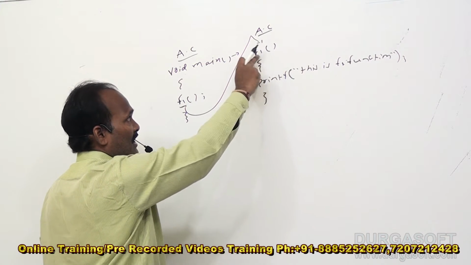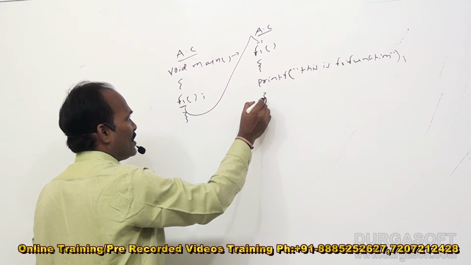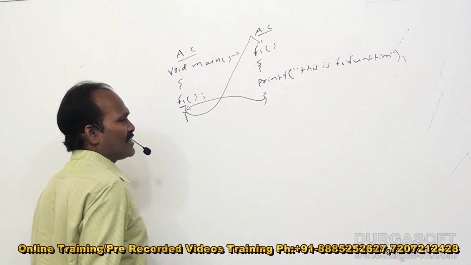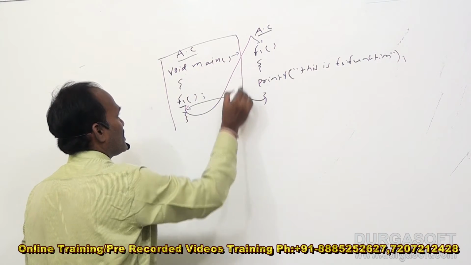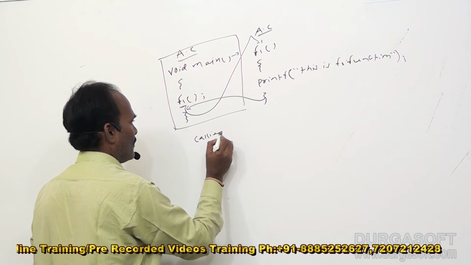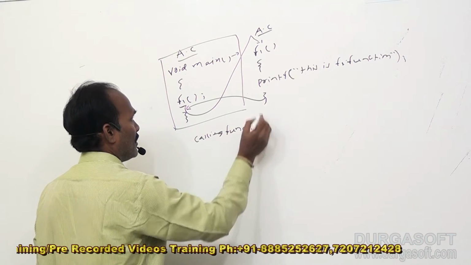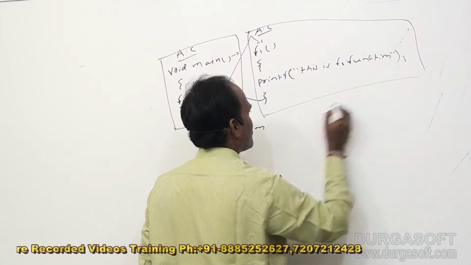After performing all the tasks, when it encounters the closing bracket, automatically it returns to the next line of F1. In this case, this is called the calling function, and this is called the called function.